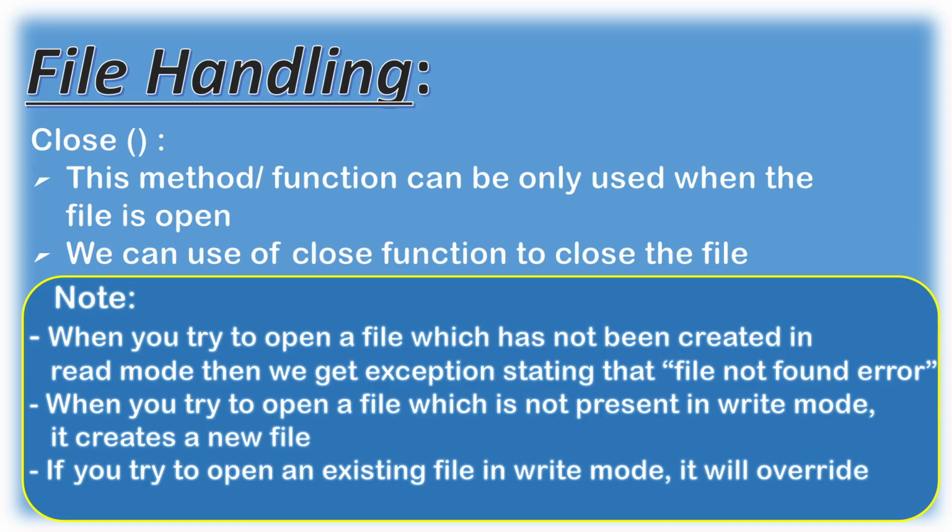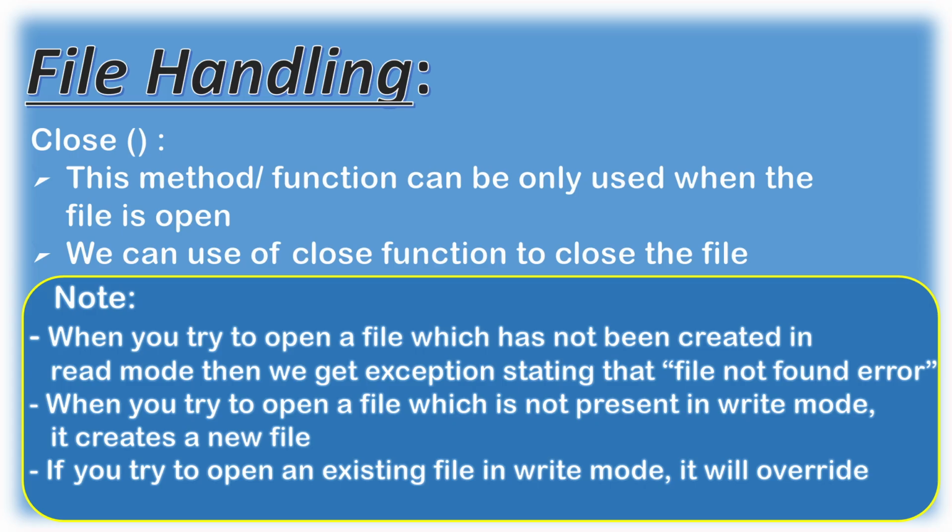All right. And the next point is, if you try to open an existing file in write mode, it will override. That means, suppose we have an existing file and we are going to write something, whatever data is there will be overridden.